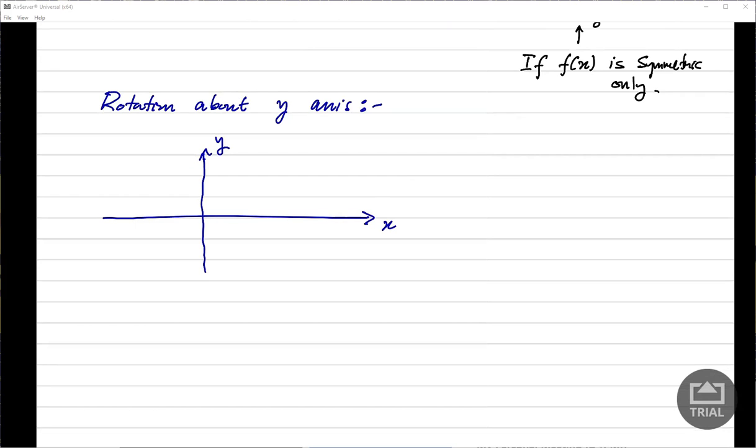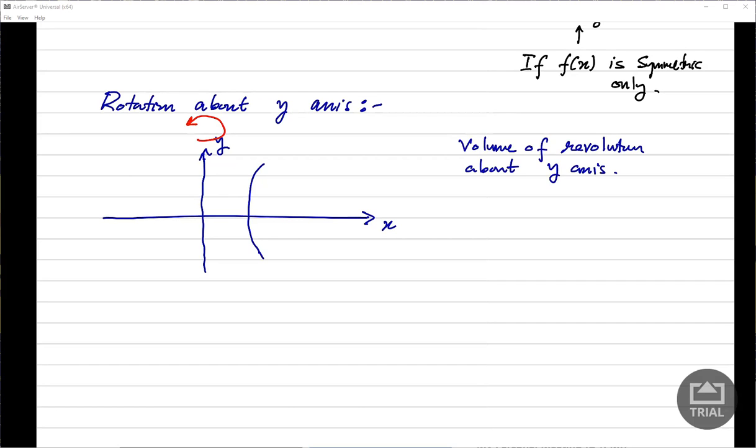Suppose you have a figure like this, and the rotation is happening around this. Now, volume of revolution, right? This is how the exam people ask questions: find the volume of revolution about the y-axis. This is very easy.